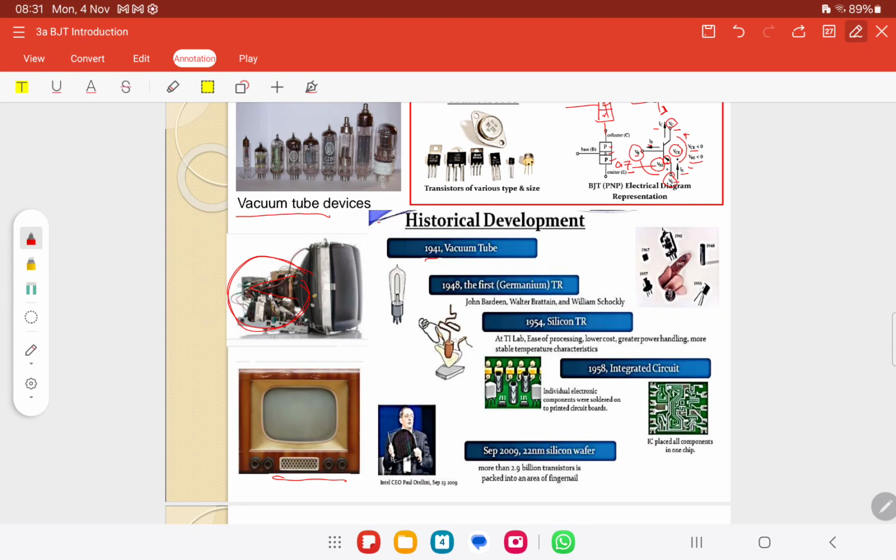In 1941 they used the vacuum tube, and then over the years there was germanium, and then after that the silicon transistor, and going into the 1960s there was the IC, the integrated circuit, meaning that in an integrated circuit all the electronic components are embedded in a smaller circuit. From a big circuit like this, you can get the smallest like this. But these years are in the US, so it takes time for the technology to come to us. Around the 90s and 2000s we got all these technologies.